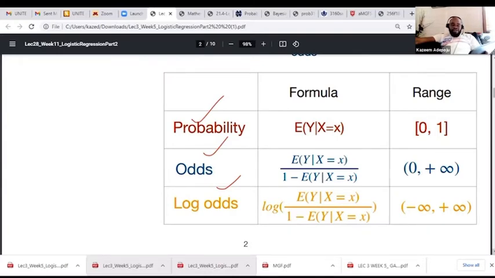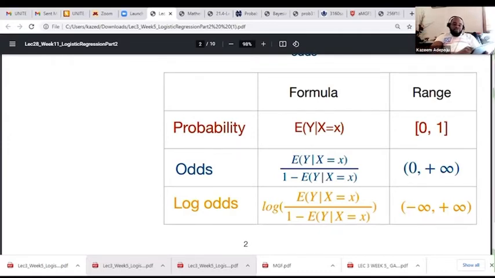Can we have a way to distinguish the three of them using formula? Can we also look at their range? Because by the time we are making inference, we're going to be making inference on probability, on odds, and also on log odds.